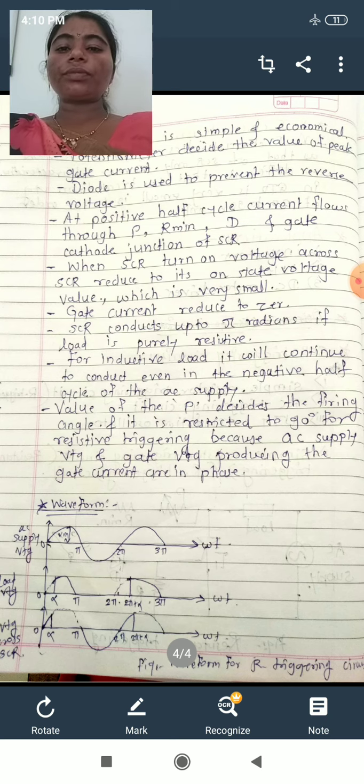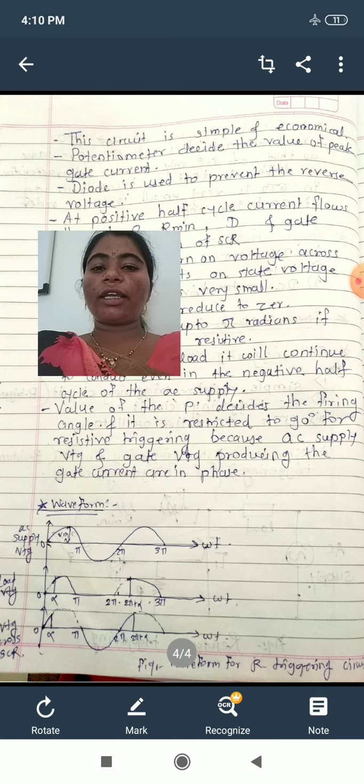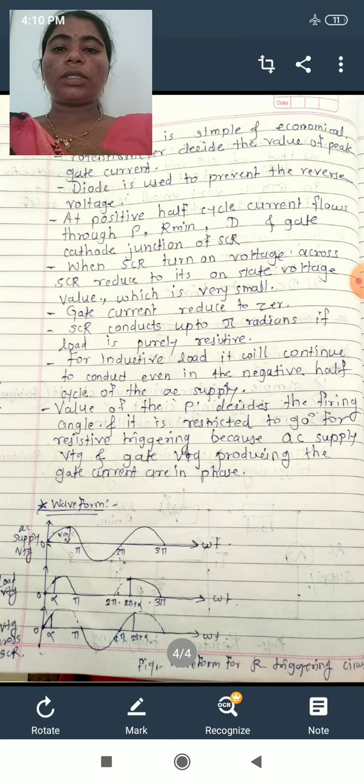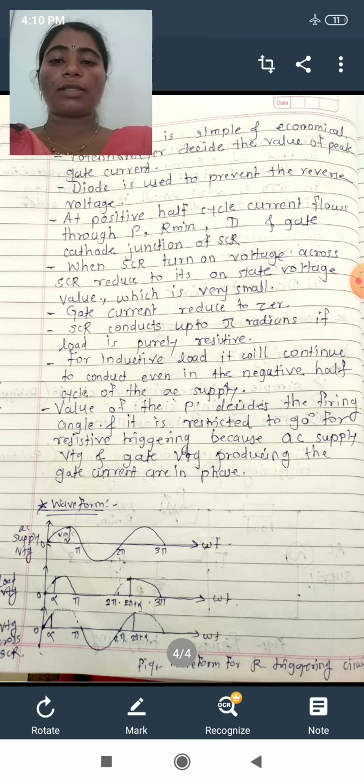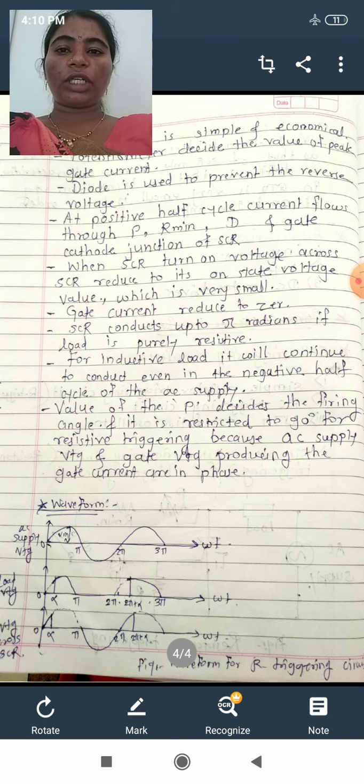Now see what happened here. This circuit is simple and economical. Firstly, simple: its circuit is very simple and economically it is better. Hence, we use the resistor triggering. Next is the potentiometer. See which devices are used.